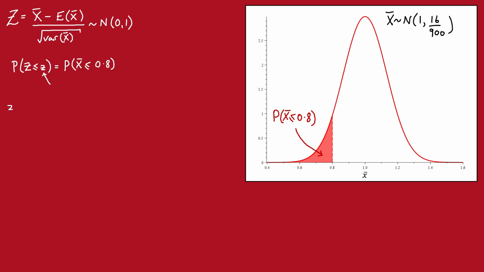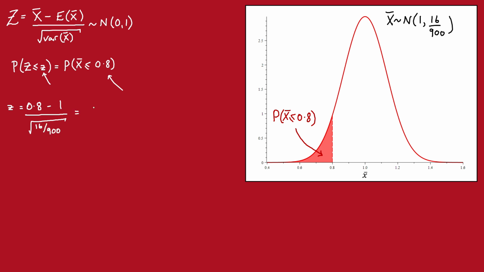So we're going to construct our value of little z, which is going to be equal to the value that we're interested in from x bar, so that's 0.8, minus the expected value of x bar. We know that the expected value of x bar is going to be equal to 1, and divide through by the square root of the variance of x bar, which is the same as the square root of 16 over 900.